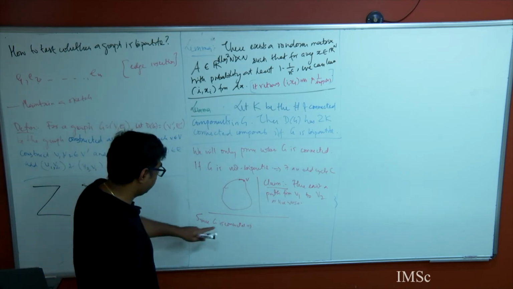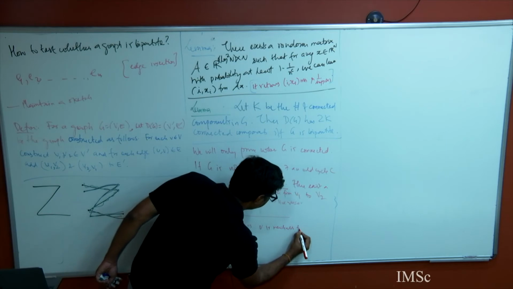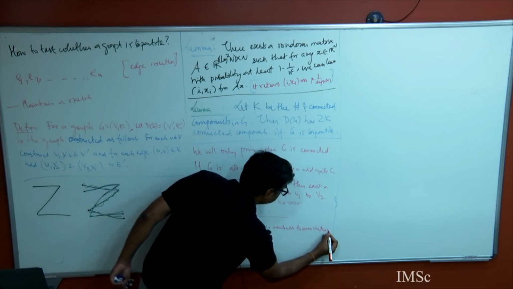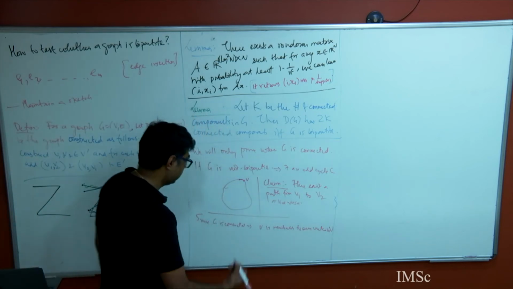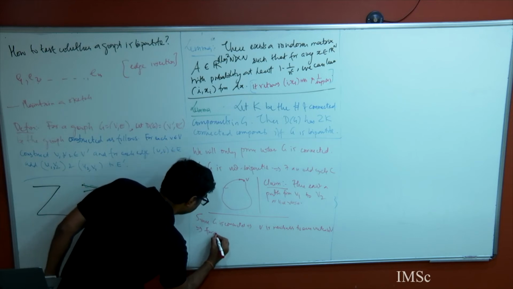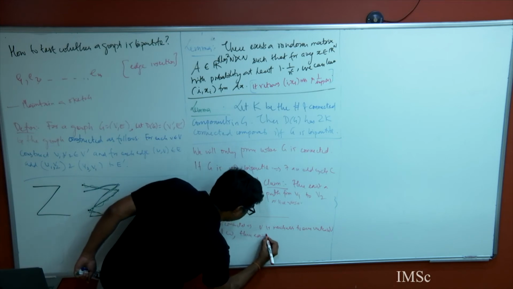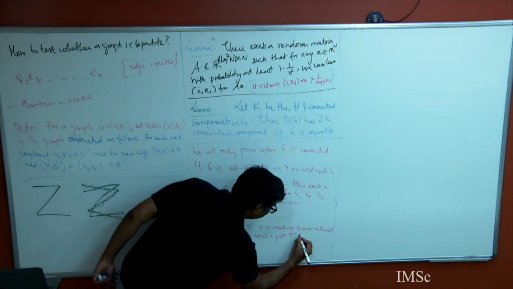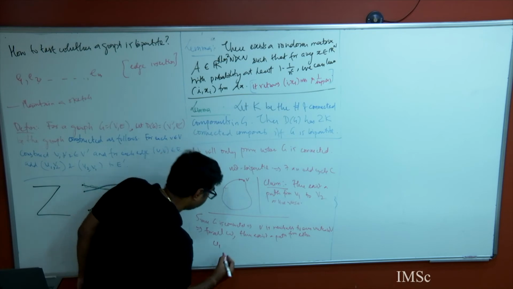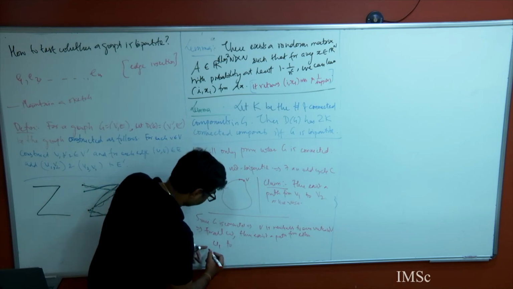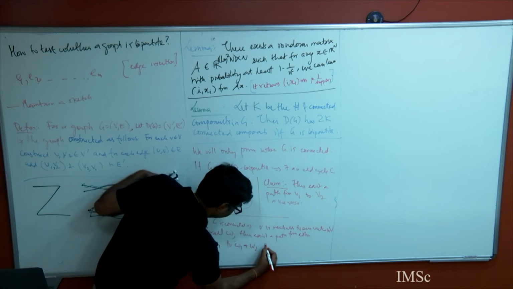V is reachable to every vertex in V. This implies for all W, there exists a path from either U1 to W1 or W2, and vice versa.